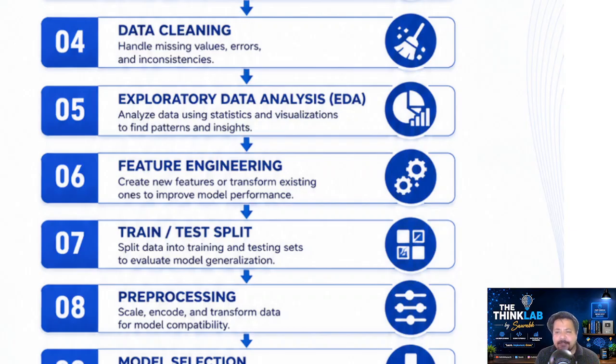After step 4, we are moving to step 5, exploratory data analysis. After the cleaning, we explore the data. This is called exploratory data analysis, or EDA. The purpose of EDA is not simply to create beautiful charts. Its purpose is to understand the data. For example, we may ask: does house size affect the price? Does the number of bedrooms affect the price? Does the age affect the price? Are there unusual houses?